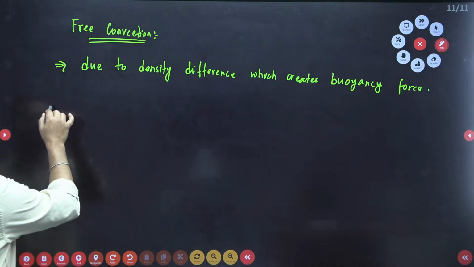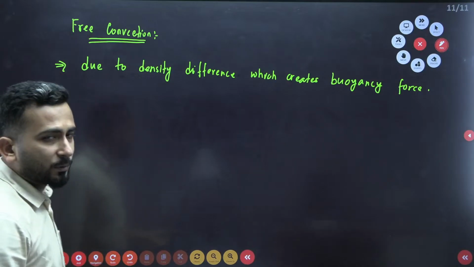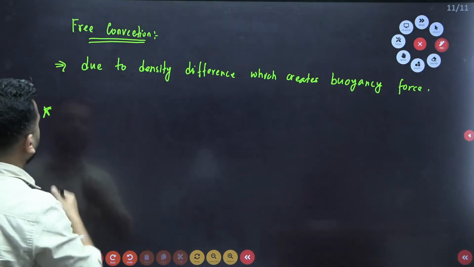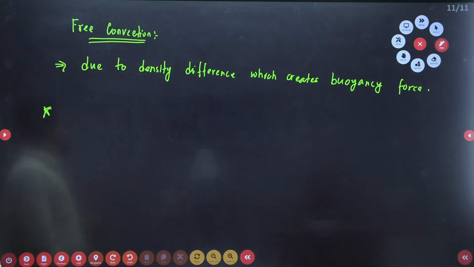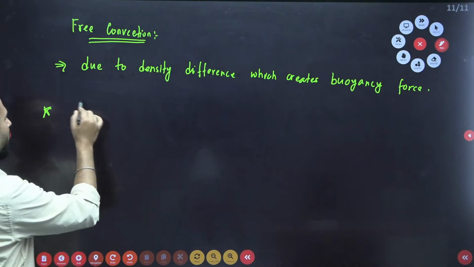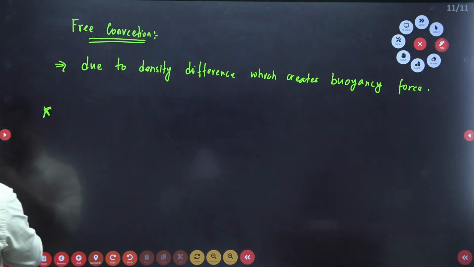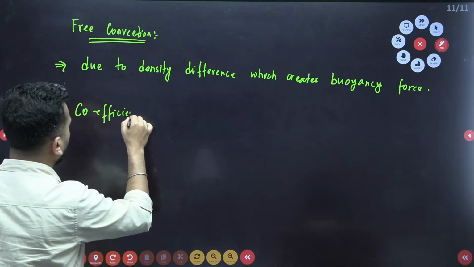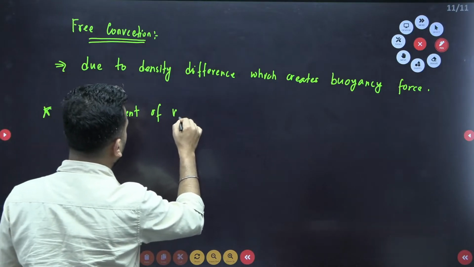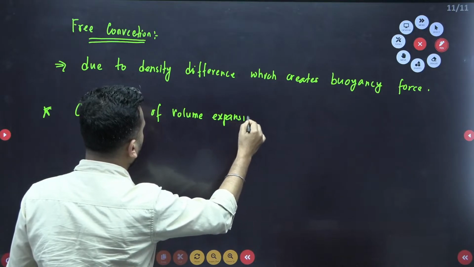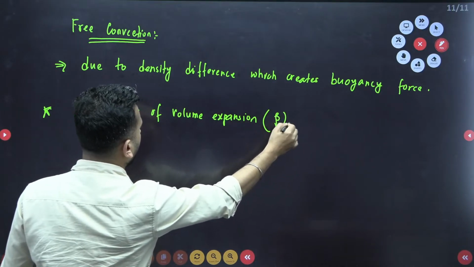Now before I explain the concept of natural convection, there is an important term, which is the coefficient of volume expansion, and that is beta.